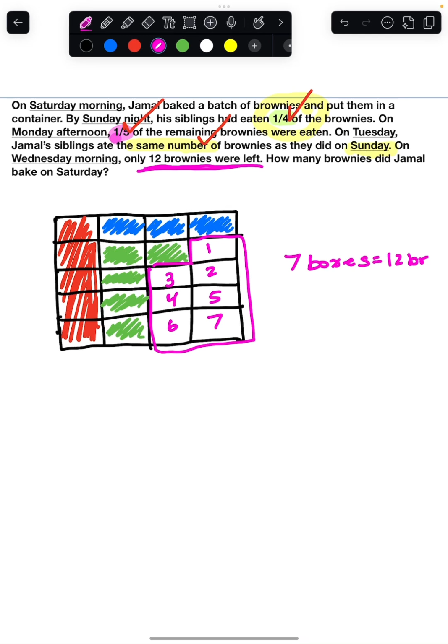So, in order to find that, we are going to divide by 7. So 1 box equals, let's calculate, 0.71, which is about 2 brownies.